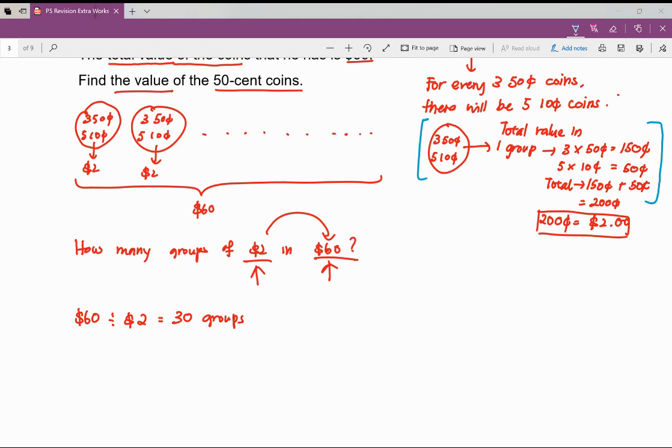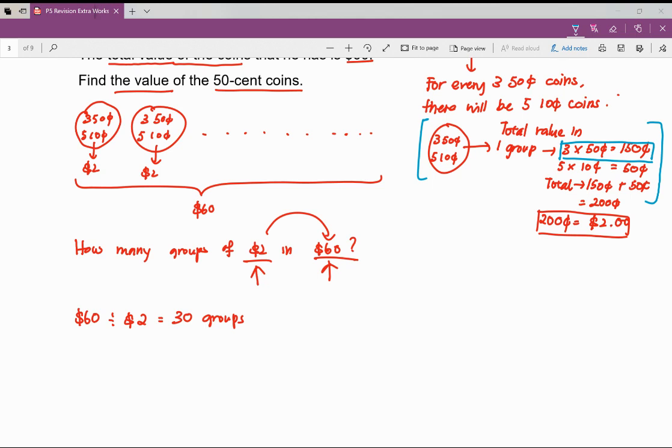Okay. And they are interested in the value of the 50-cent coins. Not the number, yeah. It's the value of the 50-cent coins. Actually, you have already found the value of 50-cent coins in one group, which is here. Look at what I boxed up. I've already found that in one group, the value of the three 50-cent coins is actually 150 cents.